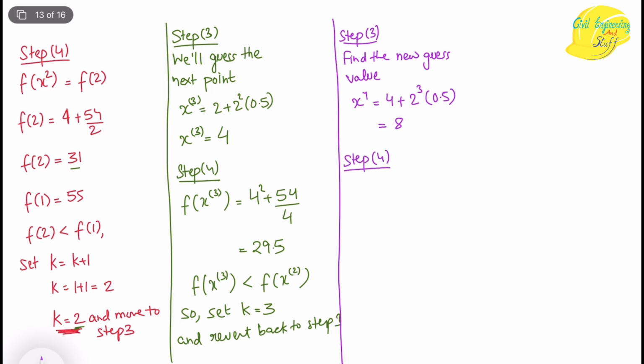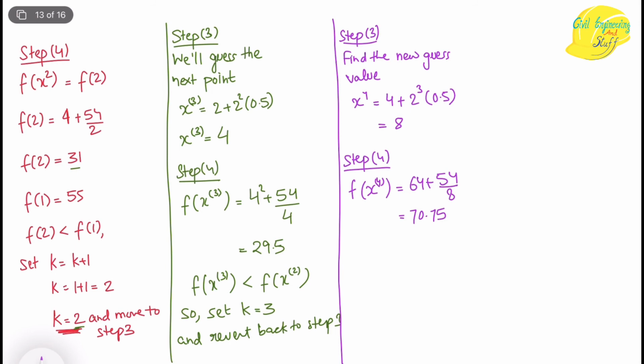Step 4 says that we have to find out the functionality f(x4). f(x4) equals 54 plus 54 by 8. So this is equal to 70.75.